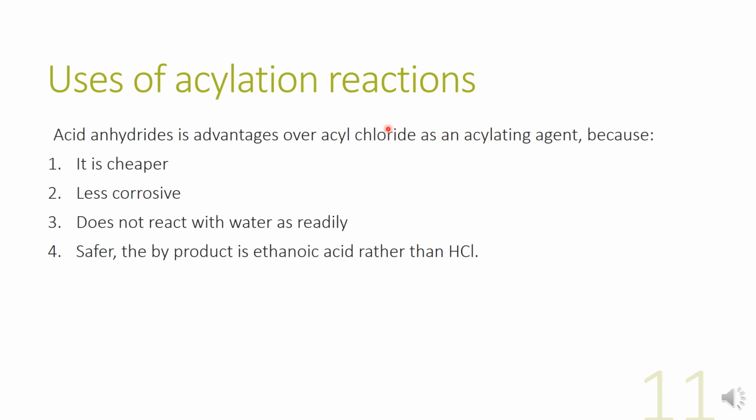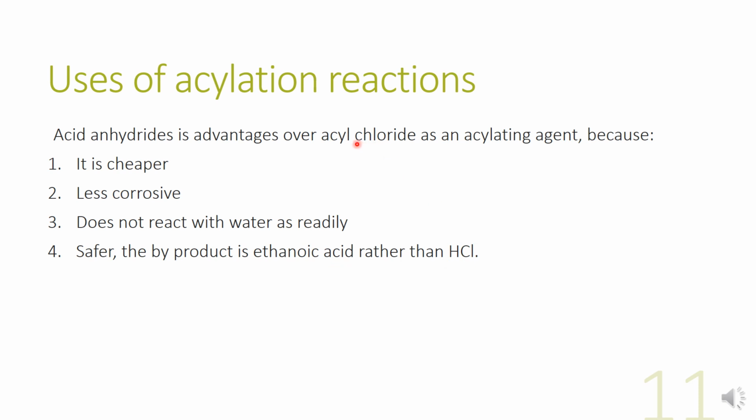Even though before we know that acyl chloride is more reactive than acid anhydride, generally companies prefer to use acid anhydrides. The reason is, first, it is cheaper, and second, it is less corrosive, right? Third, it's safer, because the byproduct is ethanoic acid rather than HCl.